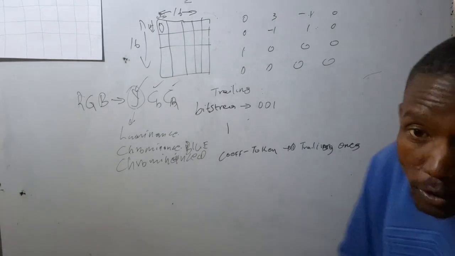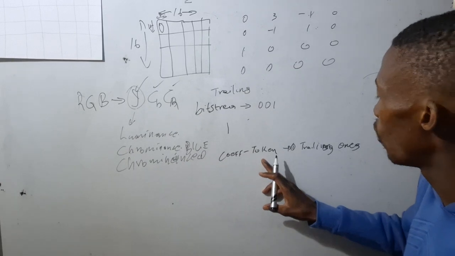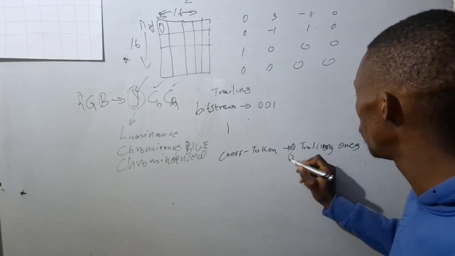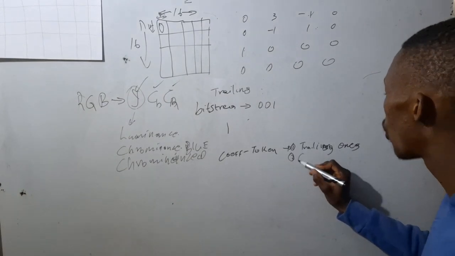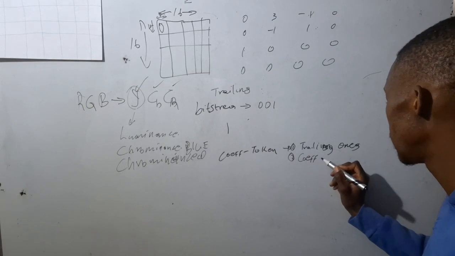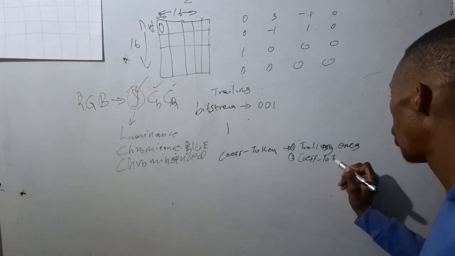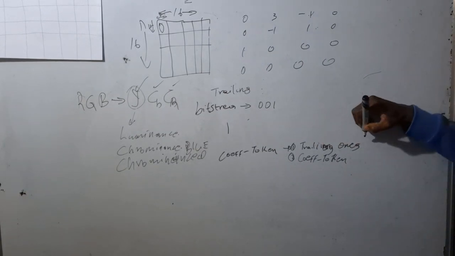That's one of the values that you'll get from the coefficient token. The second value is the coefficient token. That's what it is referred to in the standard, coefficient token, right? So what is trailing ones?